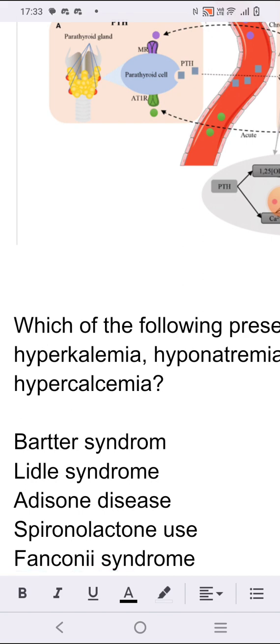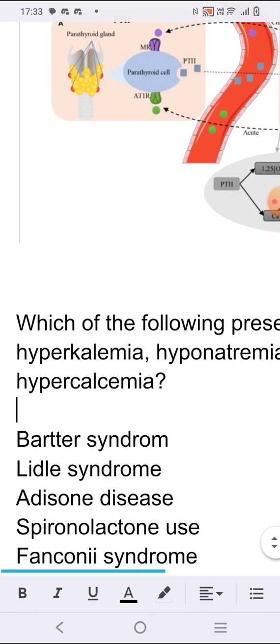First of all, because cortisol actually inhibits vitamin D activation. So when you don't have cortisol, you don't have this inhibition, and therefore increased levels of active vitamin D flow around and increase calcium absorption by your bowel, right? So therefore, in Addison disease, we have increased calcium levels and increased potassium levels.